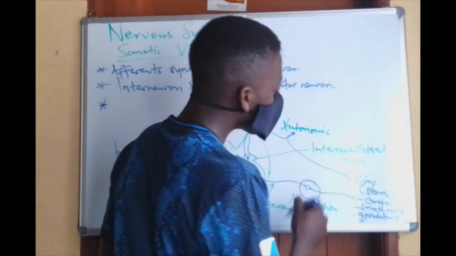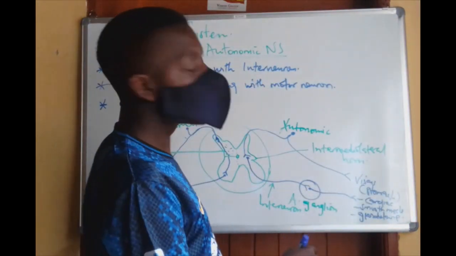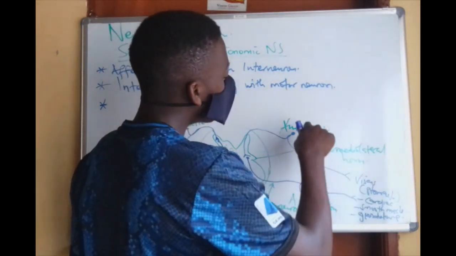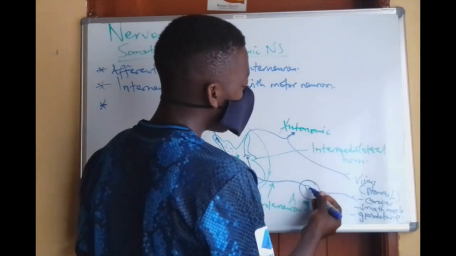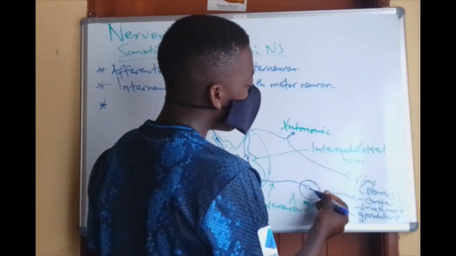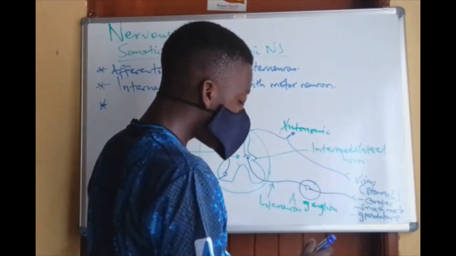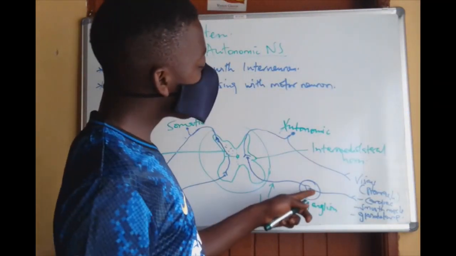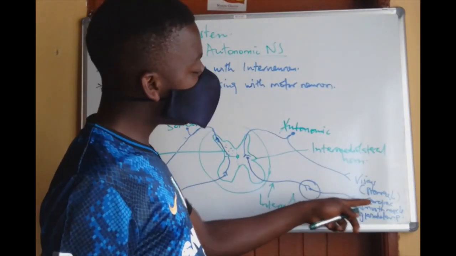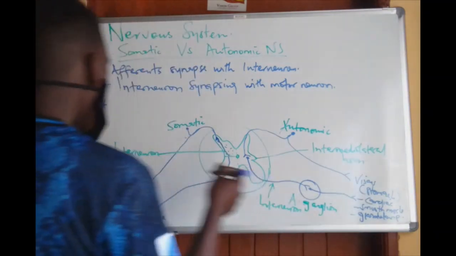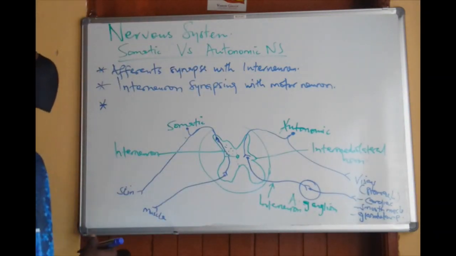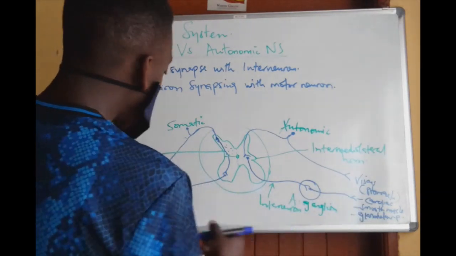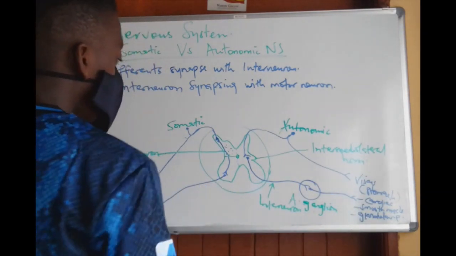From this ganglion, this is the third difference. That's the autonomic nervous system. We have the motor neuron, or call it the postganglionic neuron, carrying information to the cardiac muscle. So I talk about the postganglionic on the other side, and this one is just the motor.